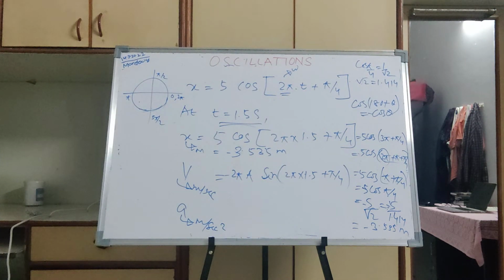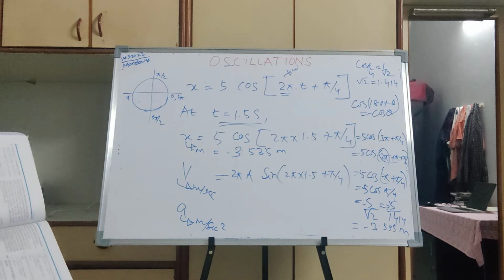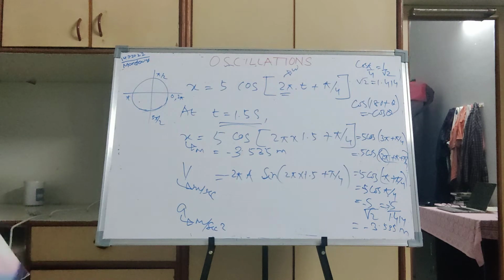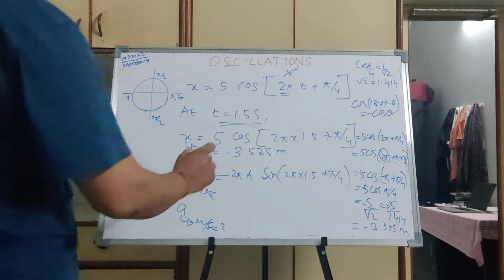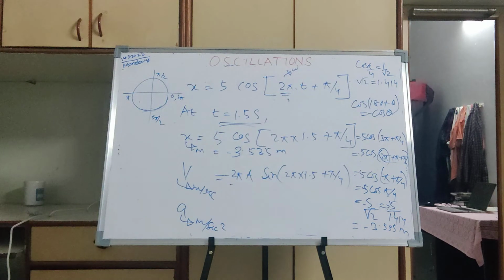That is not the maximum velocity point. They are asking what is the value of velocity at 1.5 second, nothing maximum here. Your omega is 2 pi here. Omega is the angle per unit time, so here the angle covered per unit time is 2 pi.